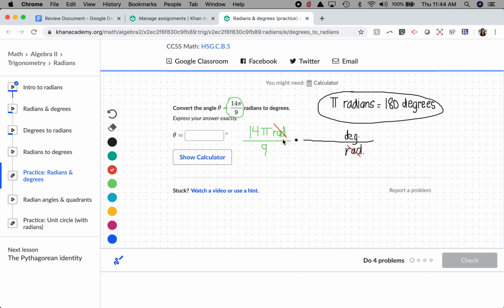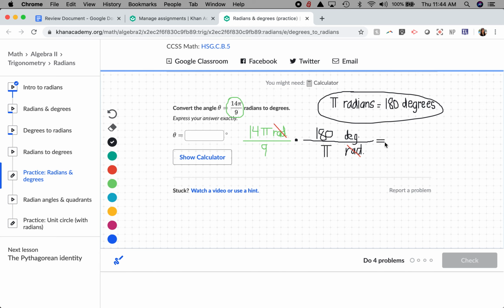It'll only cancel out if one of them is on top of the fraction and the other is underneath. So, next I'm going to make sure that we put the correct quantity with its corresponding units. So it was 180 degrees and pi radians.